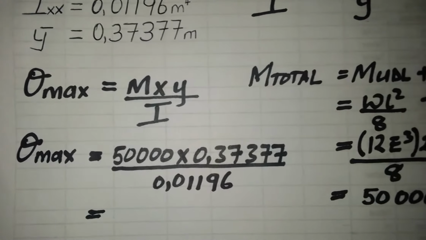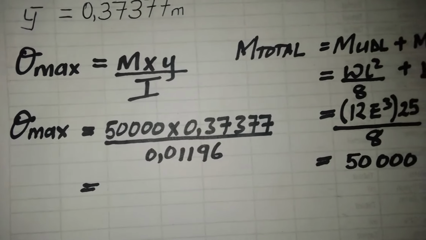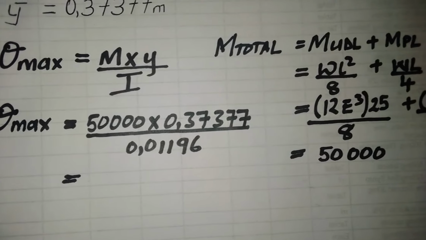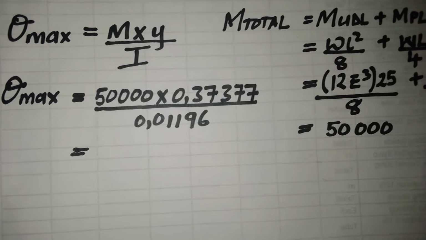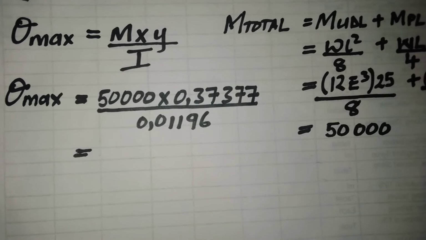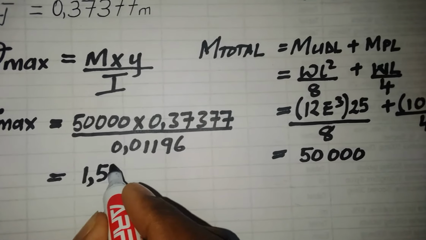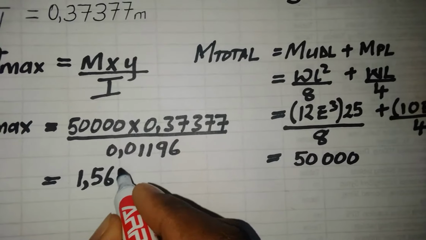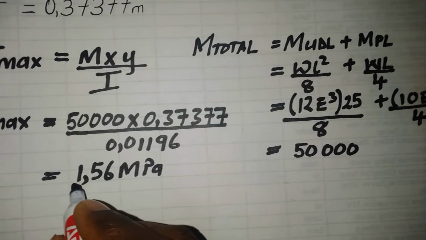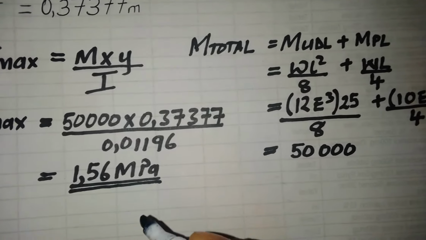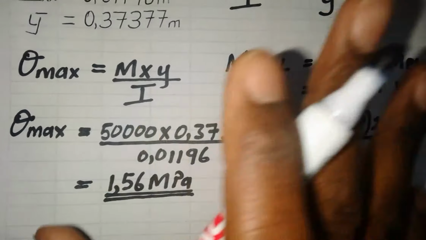So we're going to use our calculator and see what we get here. If you punch these figures in the calculator, we get 1.56 megapascals. So this is the maximum stress for this beam.